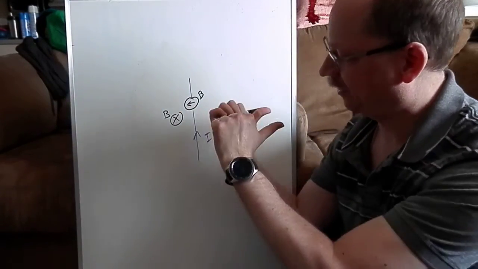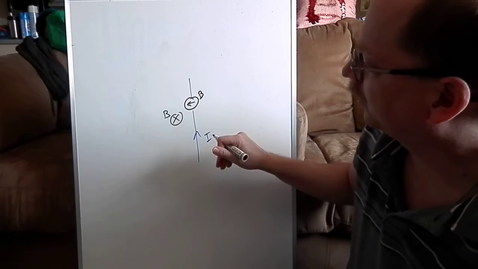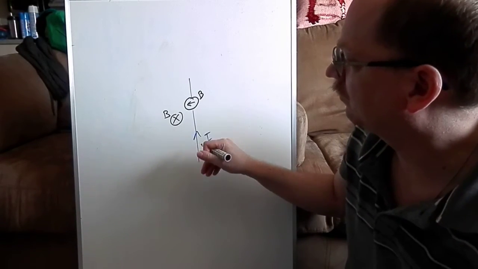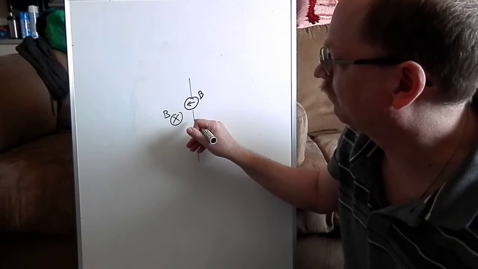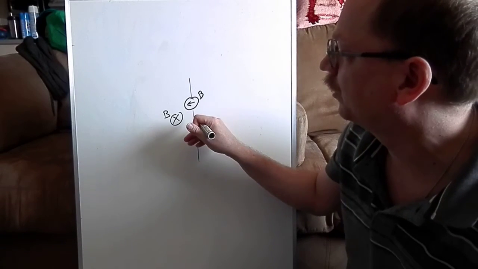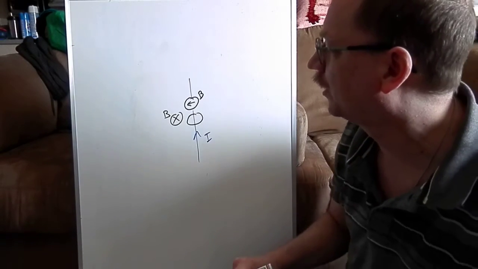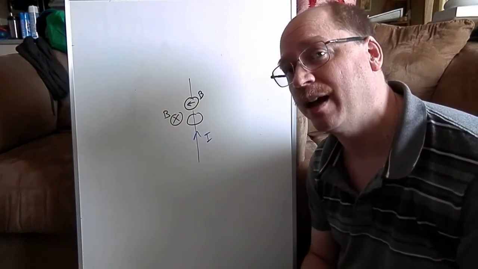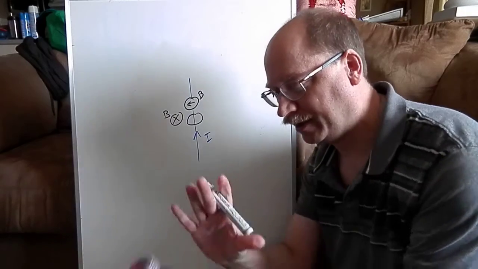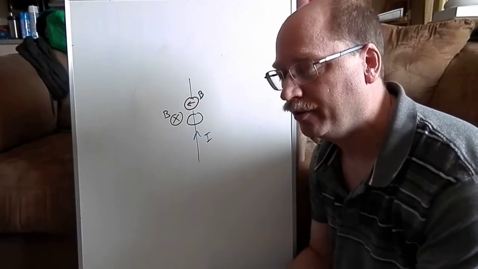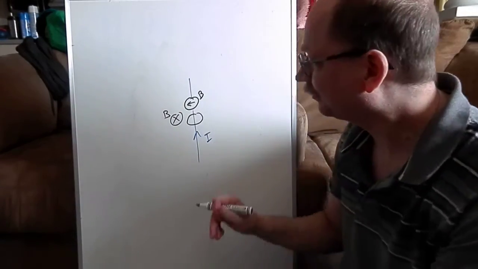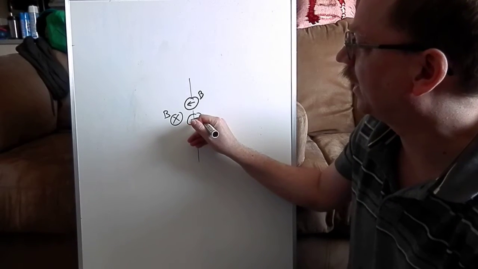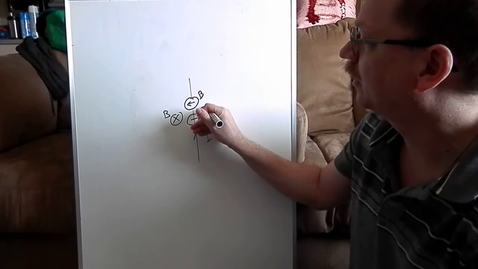So to keep it in the same sort of region, I'm just going to draw the circle there. Notice I can still see the wire, because if I place the compass back here behind the wire, you would still see the wire, right? And it's here that the magnetic field is pointing that way.